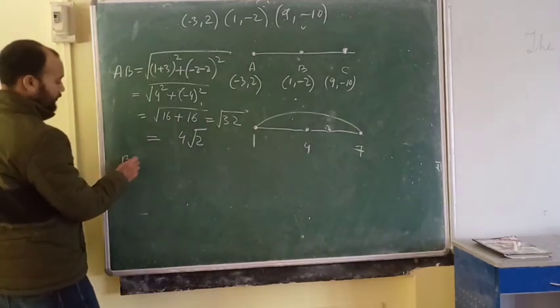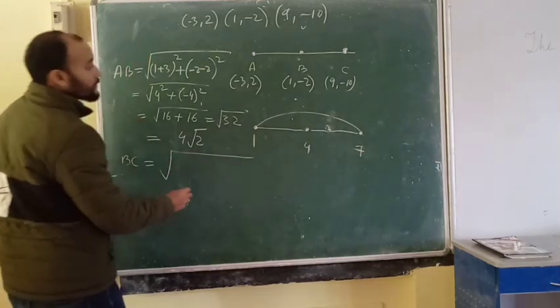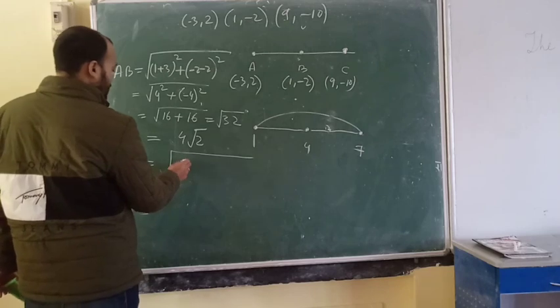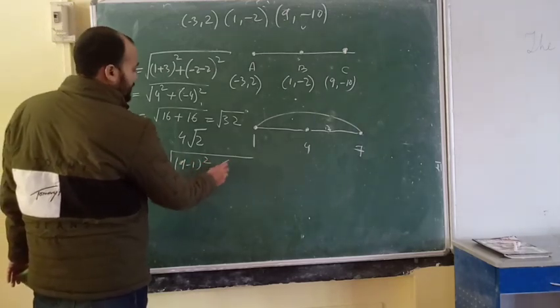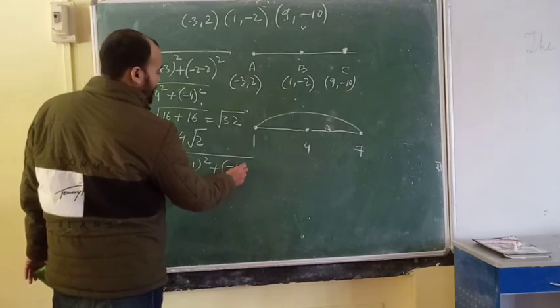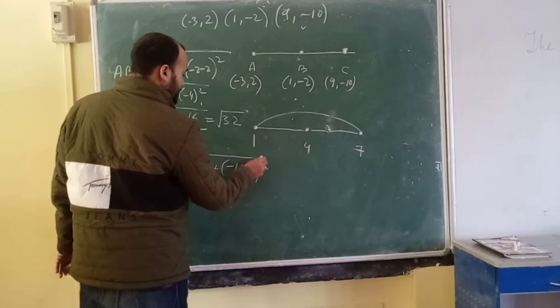Similarly, you find BC. B is 1, C is 9, so 9 minus 1, 9 minus 1 whole square, plus minus 10 minus minus 2 whole square.